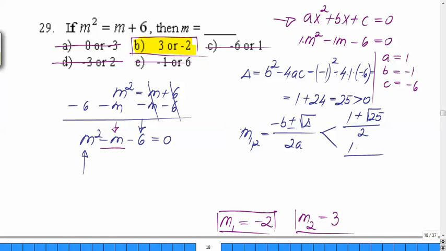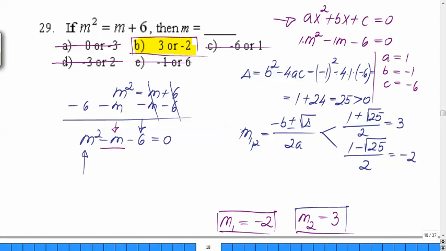The second one will be 1 minus square root of 25 over 2. And here you have what? 1 plus square root of 25, which is 5. 1 plus 5 over 2 will be 6 over 2, which is 3. The other one, you have 1 minus 5 over 2, negative 4 over 2. That gives you negative 2. Same as in the factoring approach. Obviously, you should get the same answer.